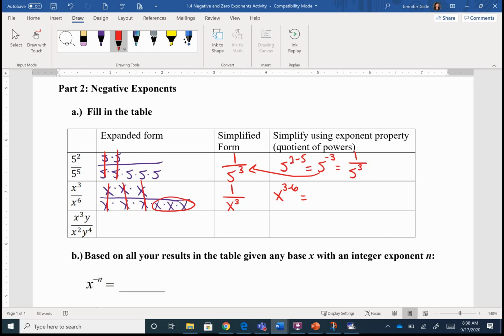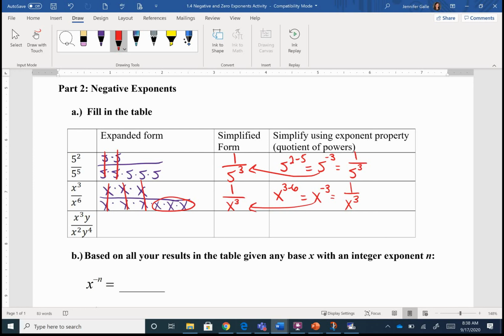Now, if I do exponent properties, we have to subtract. Top exponent minus bottom. So I have x to the negative third, but then we know from our simplifying that x to the third needs to be in the denominator, or the bottom. So it's kind of that flipping piece. With that negative exponent, we just have to flip it, and it'll become positive.